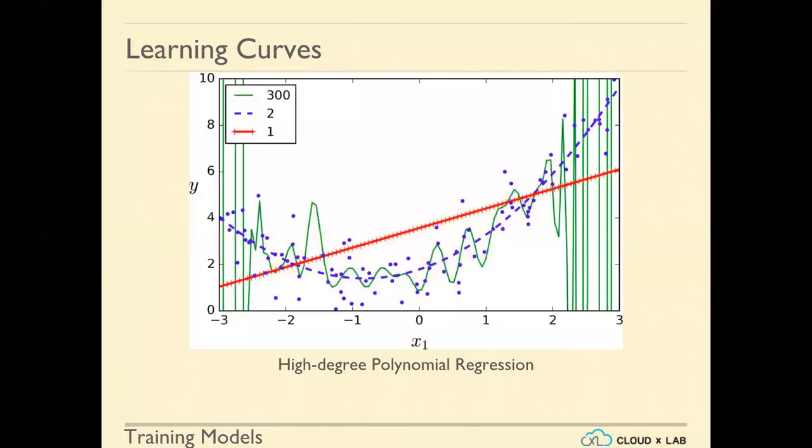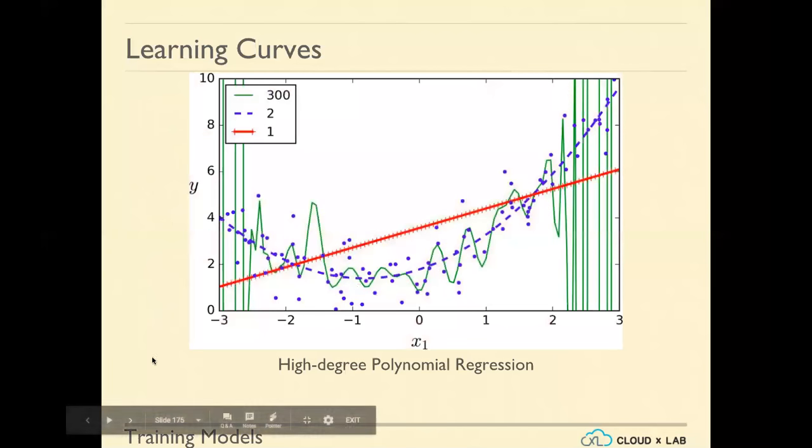This is the kind of graph we get. Same data, and this is the linear regression, meaning the degree is 1. The double dash is second degree, and this is 300-degree.